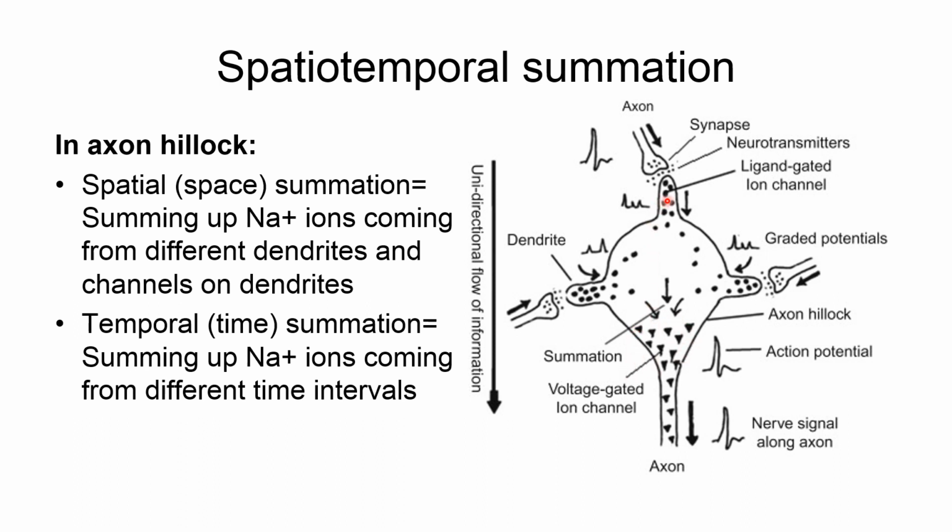And secondly, the sodium ions that enter first and later get summed up in the axon hillock. So this is the spatiotemporal summation. If after summation these ions are sufficient to open the voltage-gated sodium channels here, then an action potential will be produced. If these ions are insufficient, they will diffuse, so there would be a graded or degenerating potential.